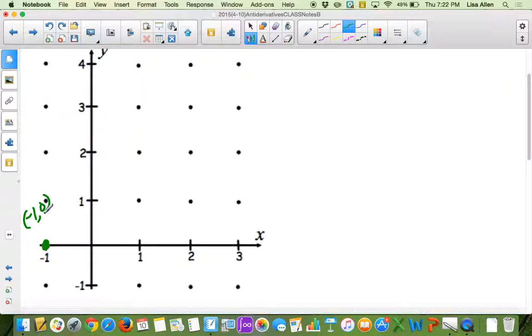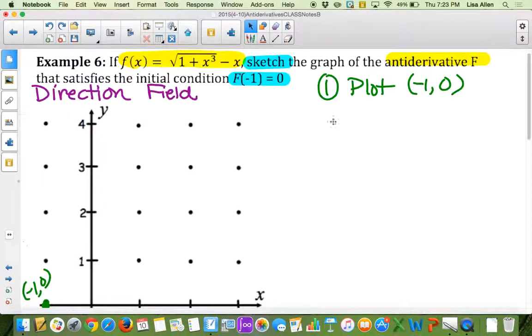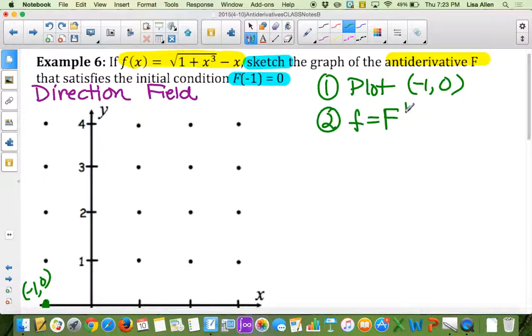Now what we're going to do is look at the slope at each value of x. Recall that f is equal to capital F prime, and we're going to use that. If we know that f, this function up here, is the slope of our antiderivative, then we can use that.